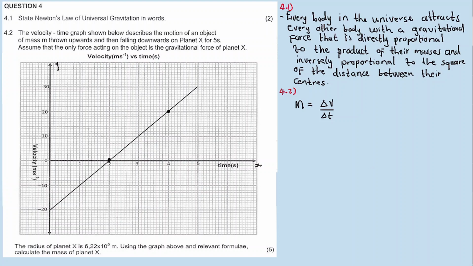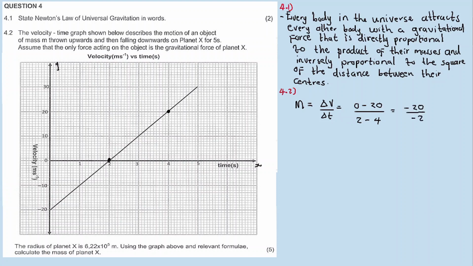The gradient is equal to this point and this point, 0 minus 20. So it's 0 velocity minus 20, divided by 2 minus 4, which is the change in time. This is equal to 0 minus 20, it's minus 20, over 2 minus 4, which is equal to minus 2.